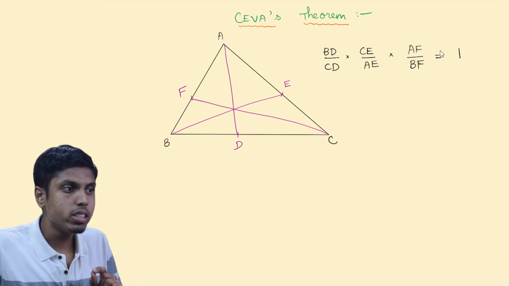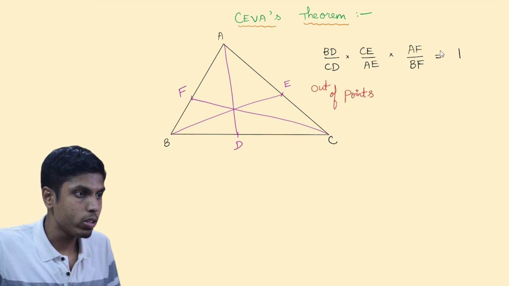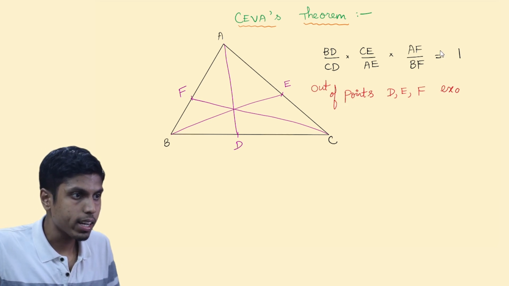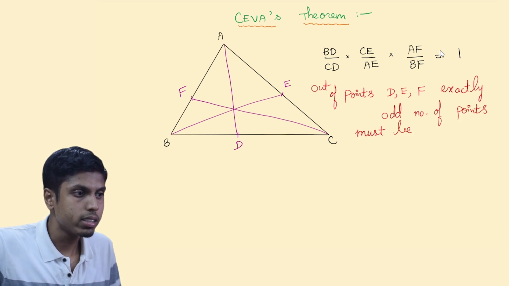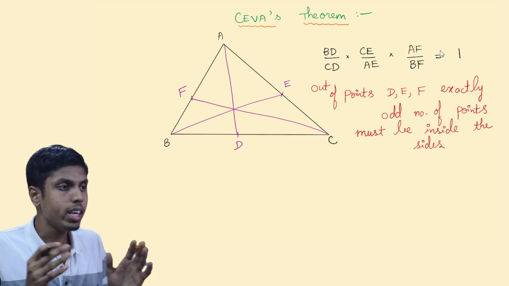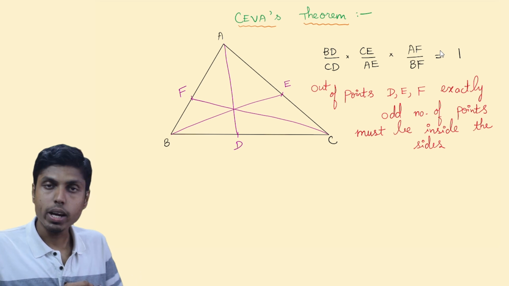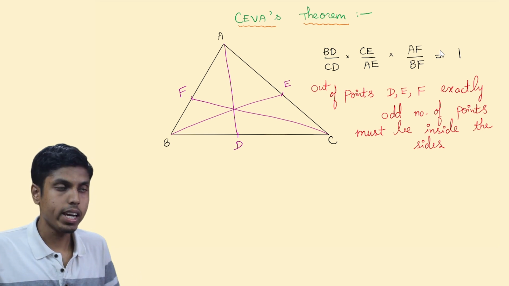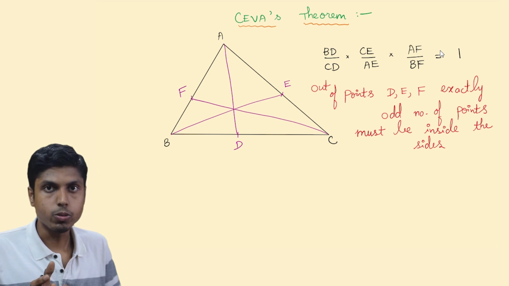And together with this in Ceva's theorem, we also have that out of points D, E, F, exactly an odd number of points must be inside the sides. So you may think that the points D, E, F may as well lie outside the lines determined by the sides BC, CA, but perhaps it's not entirely true.